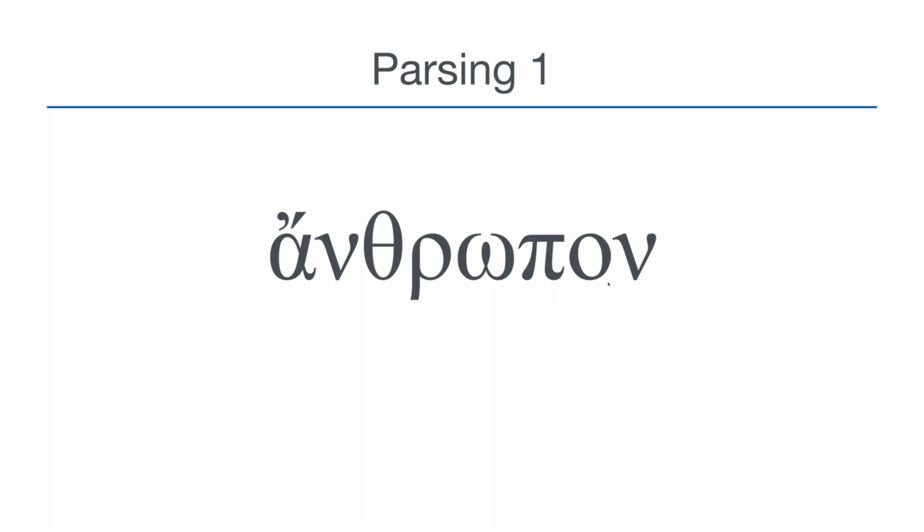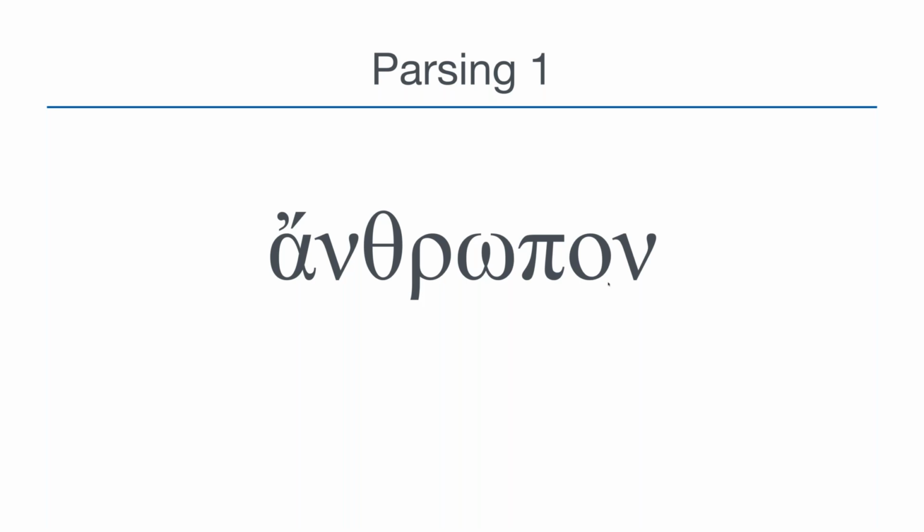Okay, so this is the PowerPoint version of the workbook. I'm going to send this out too. So you're going to have these to parse. I'll tell you which numbers to do, or probably I'll just delete the ones I don't want you to do. That's probably going to be easier. So you can see here, like anthropon, we know that anthropos is the lexical form.